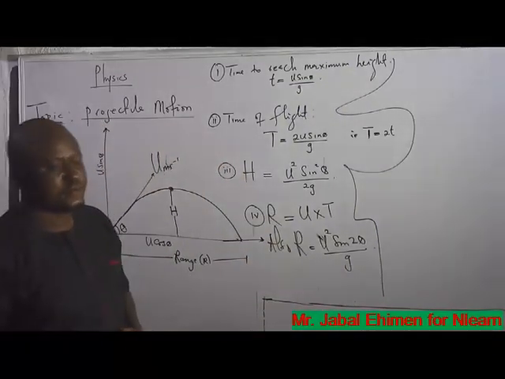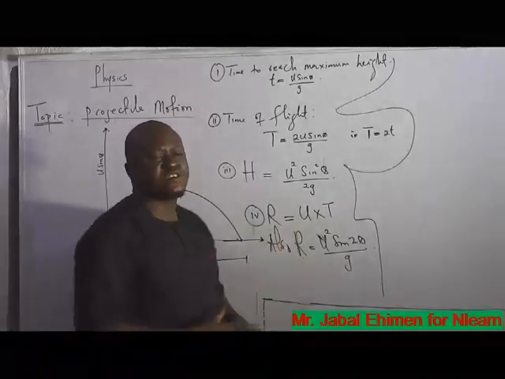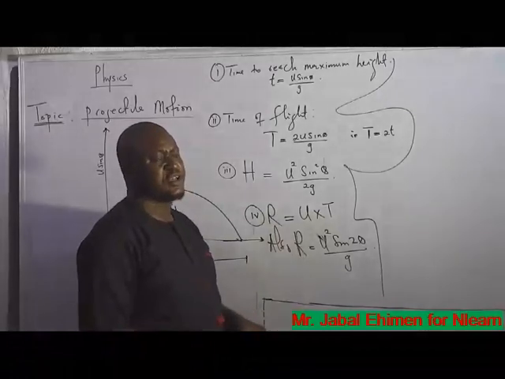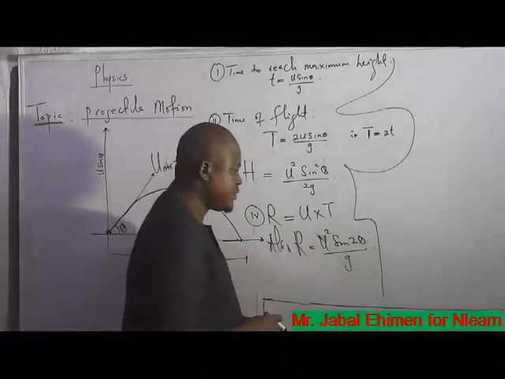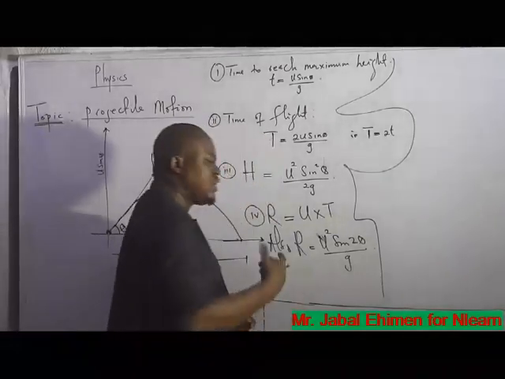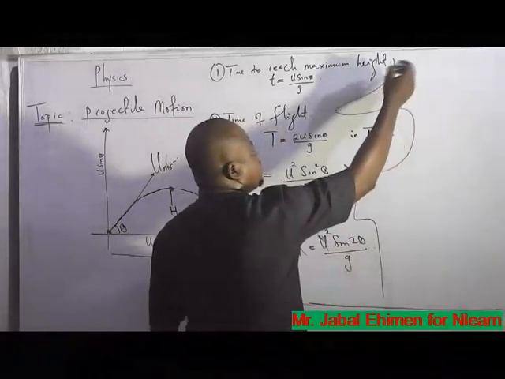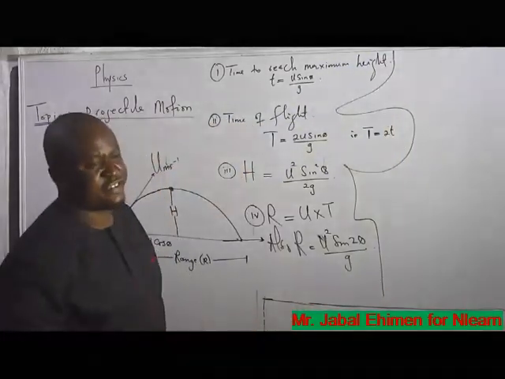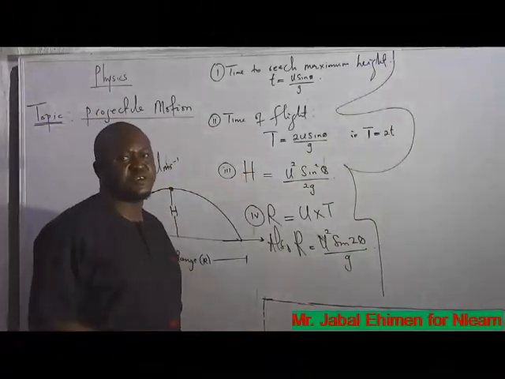Now, I can relate these two together. But before then, the range of the body can reach something they call maximum. But the range can only be maximum at a certain time. Now, how can it be maximum? If you check this value, the maximum value of range is attained when angle theta is equal to 45 degrees.